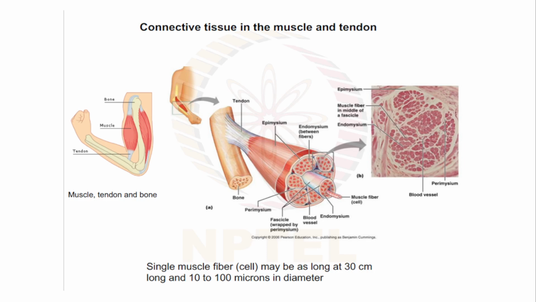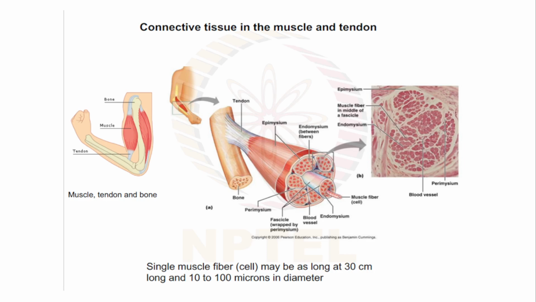Before going into the details of contraction and relaxation, we should first understand the structure of a muscle. A muscle is, I would say, many muscle cells that are enclosed together by an outer covering.